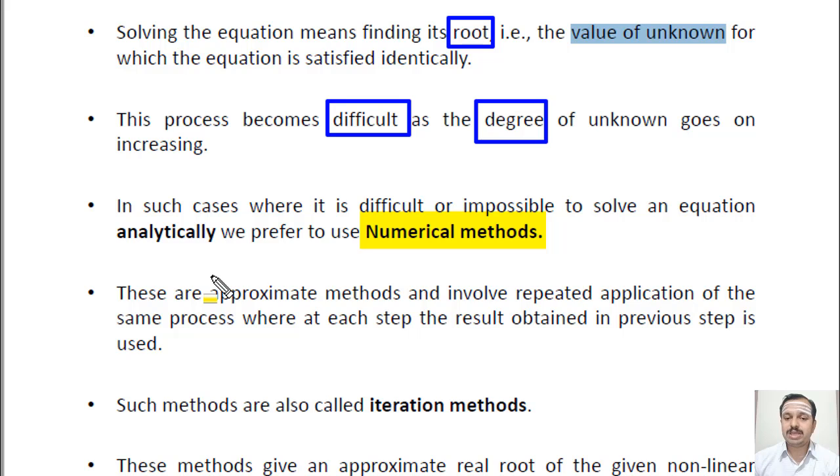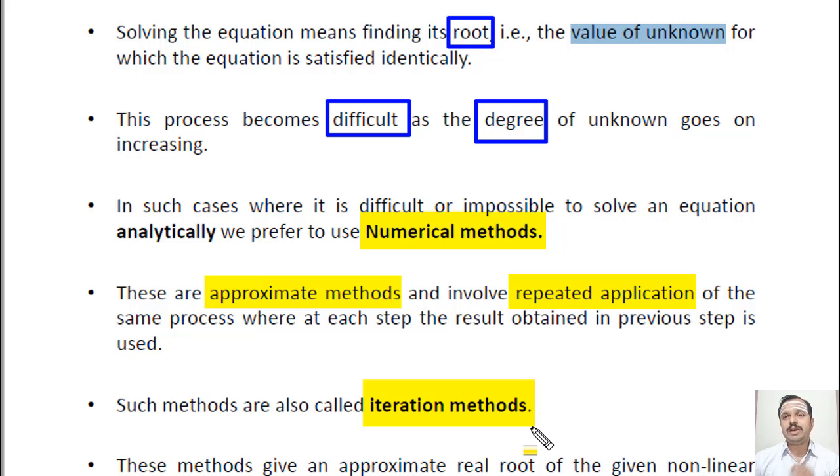So therefore these methods are the approximate methods, and these methods involve the repeated application of the same process, and therefore we call these methods the iterative type of methods. What is going to happen in the numerical methods?